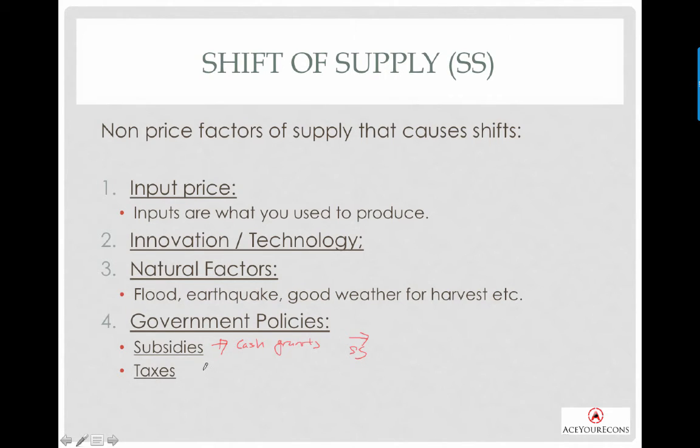When you impose tax, tax raises your cost of production. Tax is what the government collects from the producers. When you raise tax, you make producing more expensive, you raise your cost of production, and your supply curve will shift to the left. Don't be too worried, I will extend this in a future lecture, so stay tuned for that.